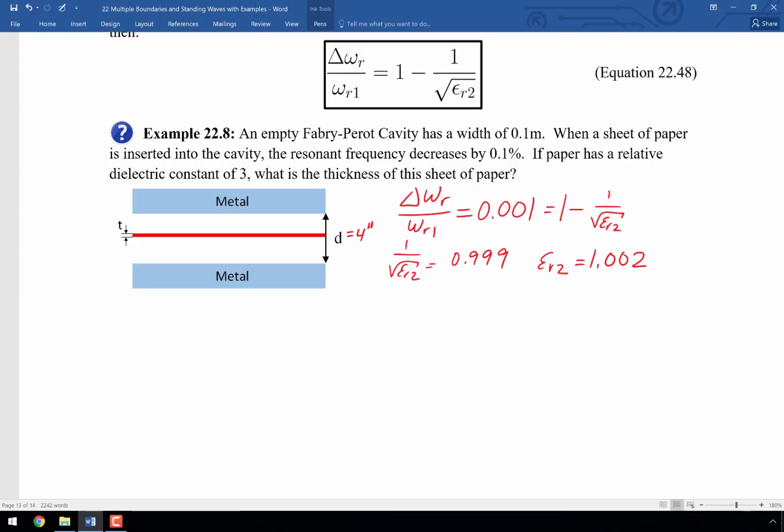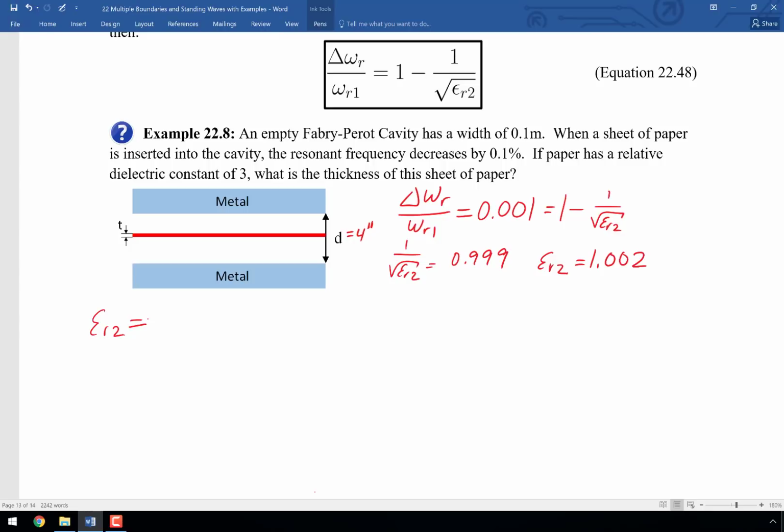So it's not very much change in the relative dielectric constant, but then again, it wasn't very much change in the frequency. So we know epsilon r2, and I'm not going to derive this equation, but I think you would believe me that if we have a portion of the space between the two pieces of metal that is air, and a portion that is the piece of paper, then the total relative dielectric constant of that combination is going to be the weighted average of the two dielectric constants.